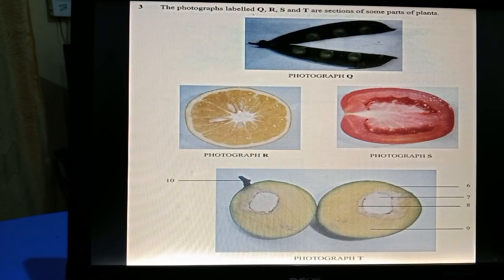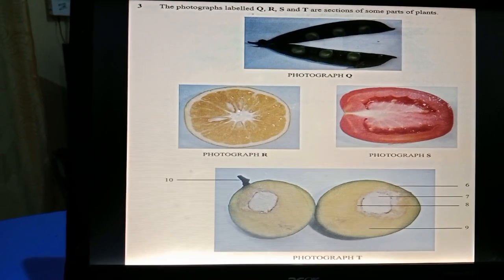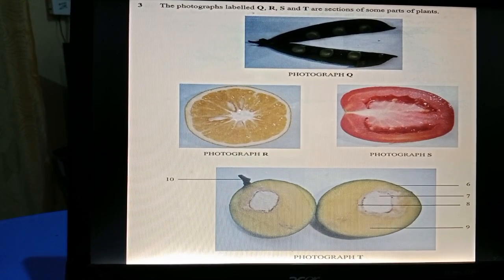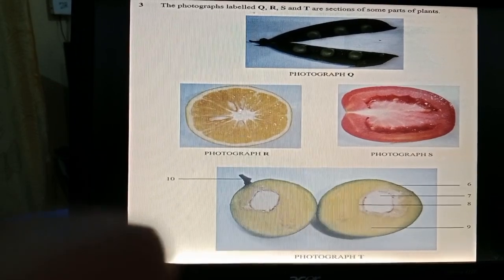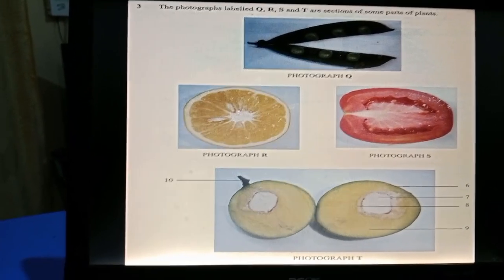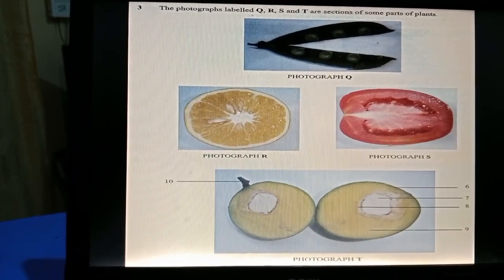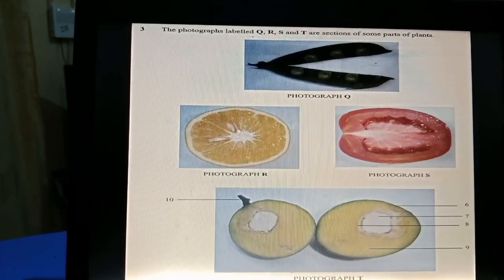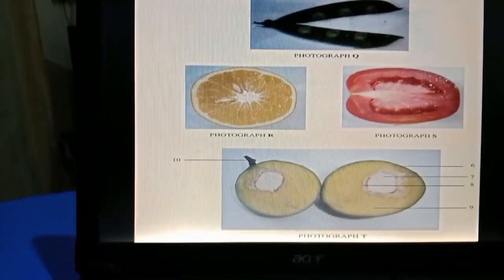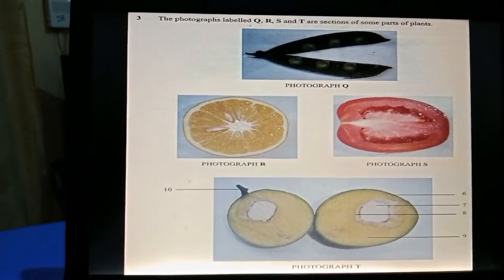Question 3, you are having photographs again. For question 3, there are photographs and you can see them. Let me adjust a bit, slightly. So going back, the camera is taking itself back.